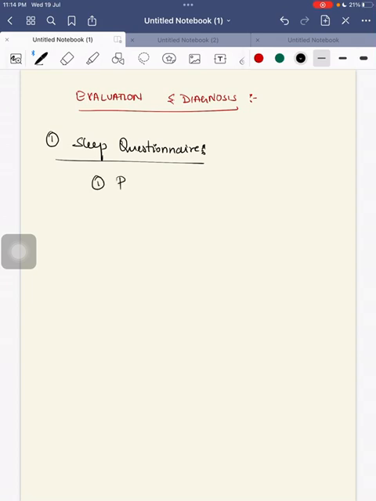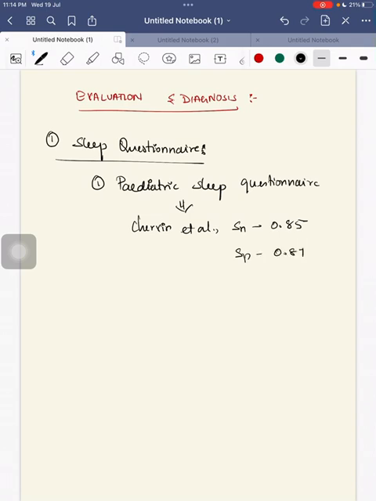This pediatric sleep questionnaire was prepared by Chervin et al. It has a sensitivity of around 0.85 and specificity of around 0.87.